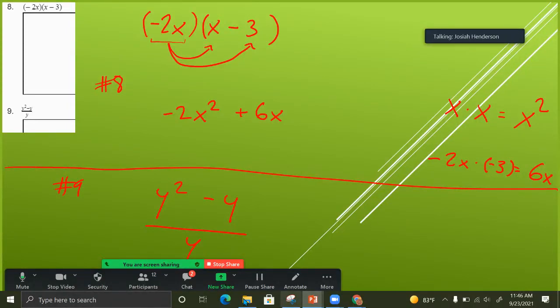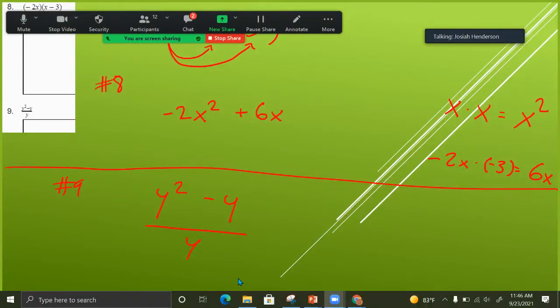One thing we can do, if you're dividing a whole expression like we have in the top here, y squared minus y, by something in the bottom, is you're allowed to split up that division. Instead of one big fraction like we have right now, we can split it up into many smaller fractions. Here's what I mean. Here's my y squared minus y again. But instead of dividing the whole thing by y, I'm going to divide each part separately by y. So this is what I mean by splitting it up.